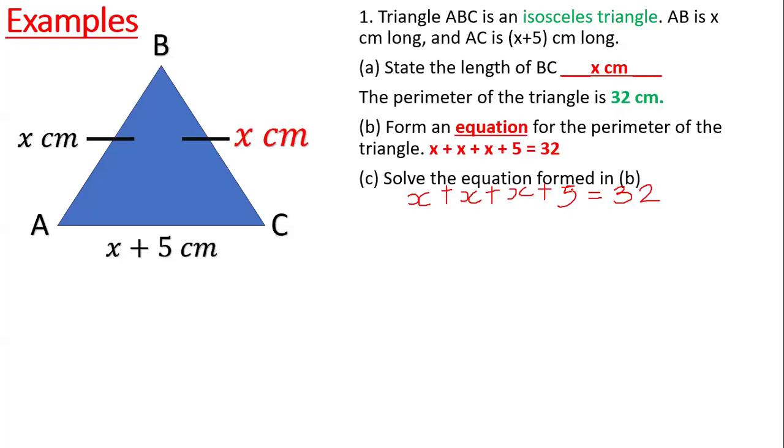That's how we start off first, right? Then we're going to simplify it. So X plus X plus X gives me what? 3X, right? Plus 5 is going to be equal to 32.